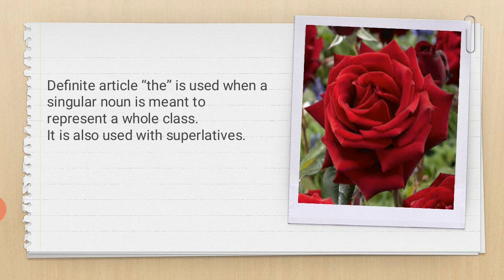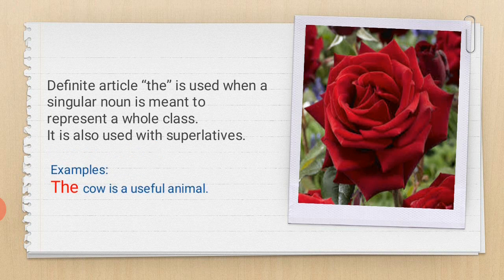So, with the superlative degree, that is best, we use the best. Now take any other example of an adjective like old. Old, older, and oldest. So, oldest is the superlative degree, so we'll use the with that.